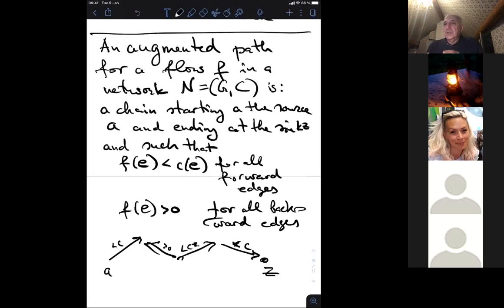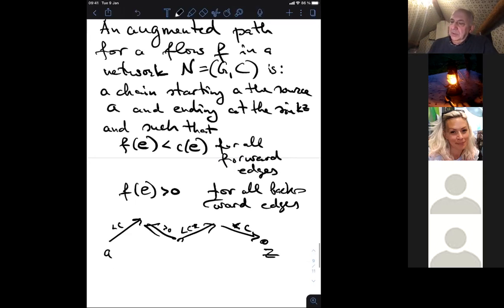It means that we should still have some additional room to put an extra flow in this direction. And if we have the edge going backward, it means that we have a positive flow back. That means that if we shut this out, we still will be able to put some additional flow through. That's the intuition behind this notion.